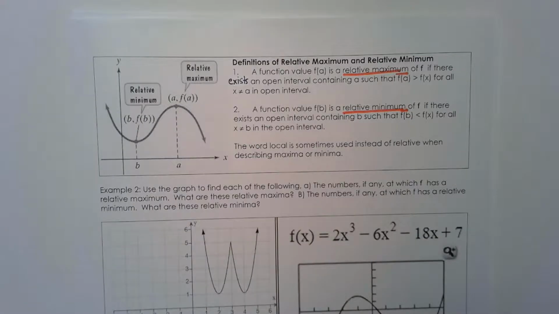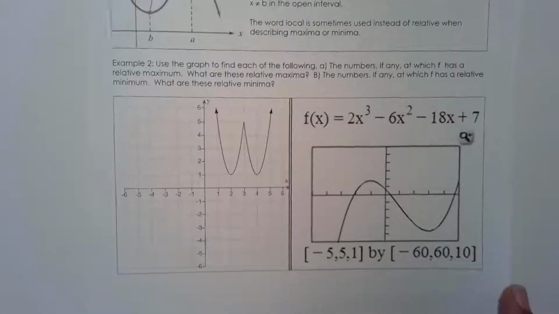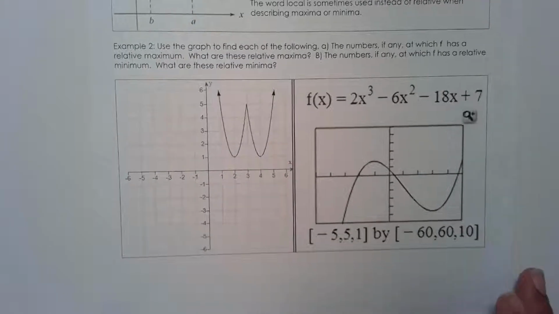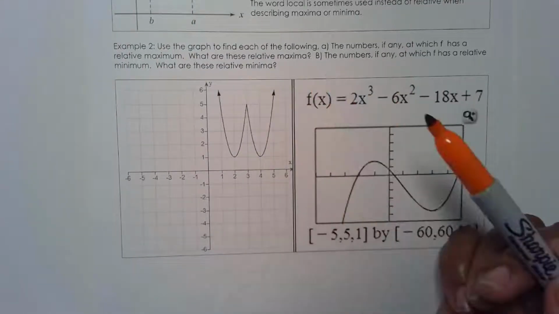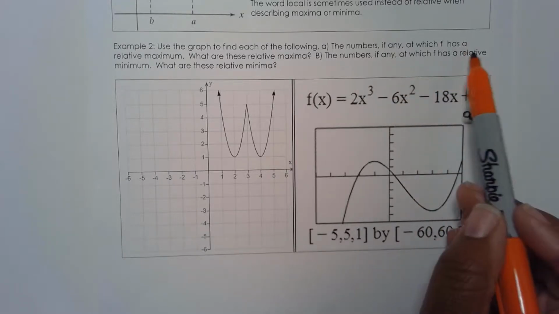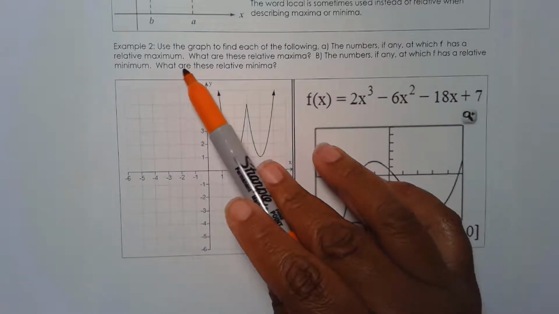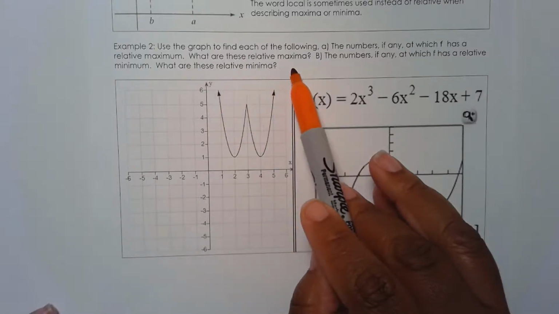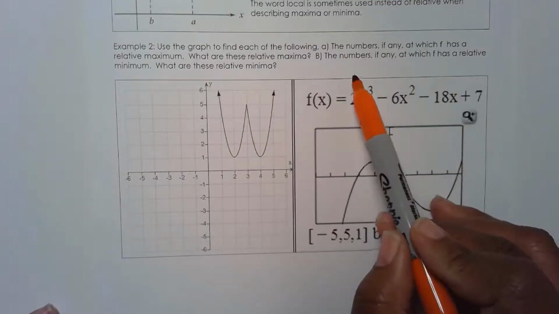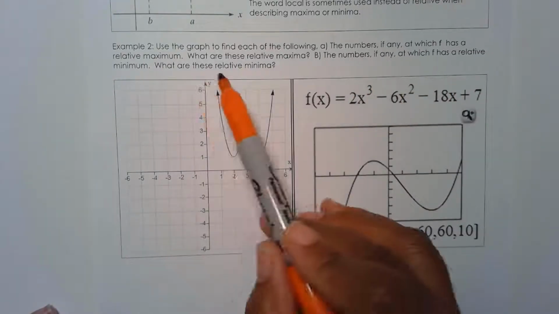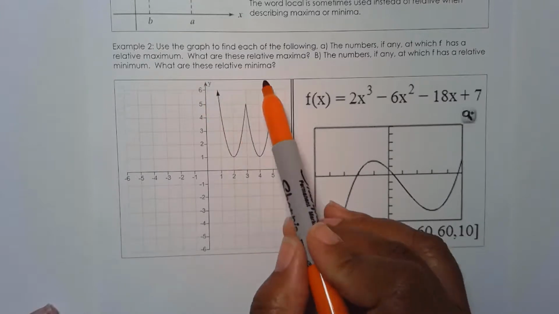We have a graph here, and it says to use the graph to find each of the following: the numbers, if any, at which f, your function, has a relative maximum, which are what are these relative maxima? And the numbers, if any, at which your function f has a relative minimum. What are these relative minima?